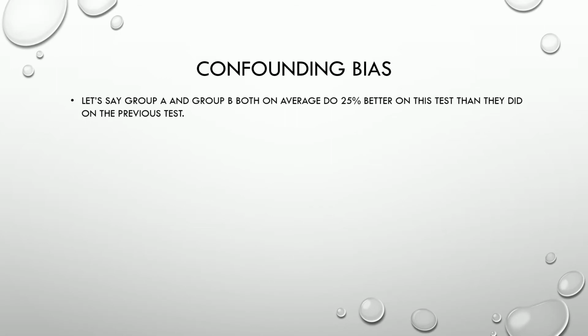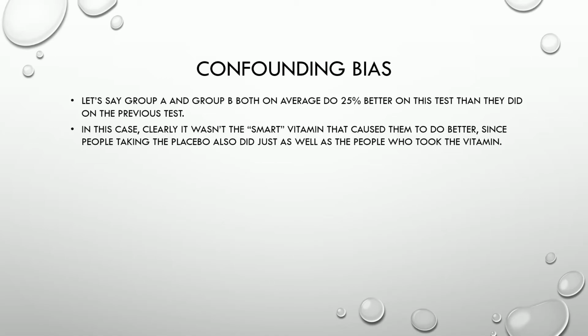Let's say Group A and Group B both on average do 25% better on this test than they did on the previous test. In this case, clearly it wasn't the smart vitamin that caused them to do better, since people taking the placebo also did just as well as the people who took the vitamin.